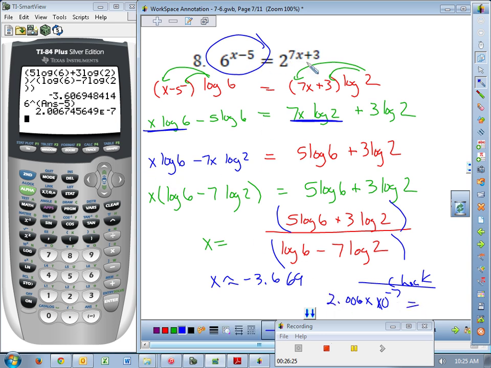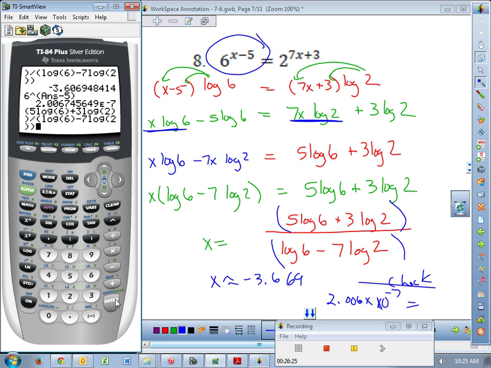Now, how do I get back to my previous answer? I have to hit second entry. And the problem is that's this entry right here. I would like to get back to the entry right before that. So I hit second entry again, and it will take me back two entries ago. Cool? I want this number, right? So hit equals, and it will give me that number back.